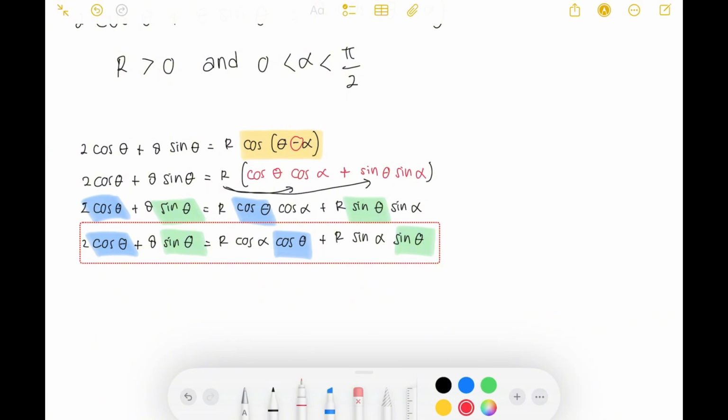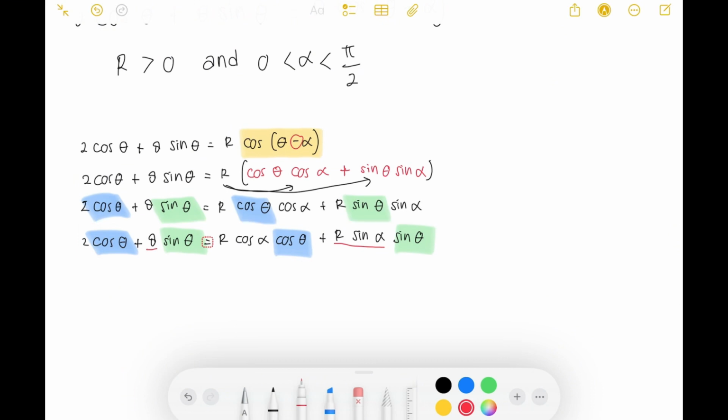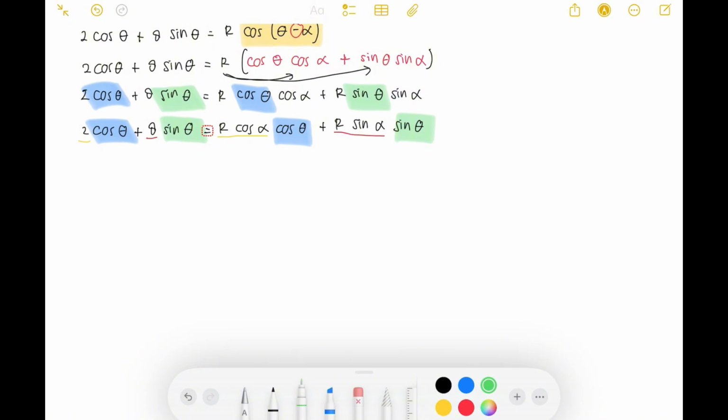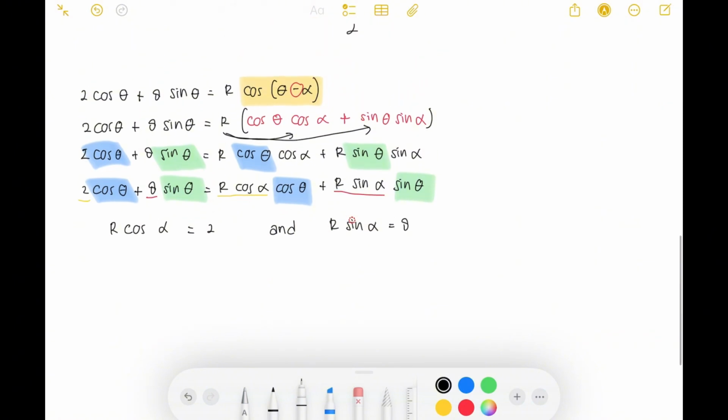So we have this r sine alpha is equal to 8, and we have here r cos alpha equal to 2. Now let's just make new equation for both of them. Here we will have r cos alpha equal to 2 and r sine alpha equal 8. Okay, I think that's clear already, yeah.